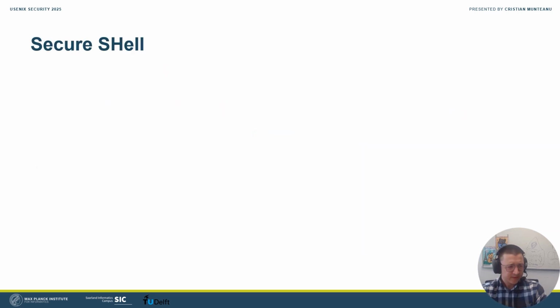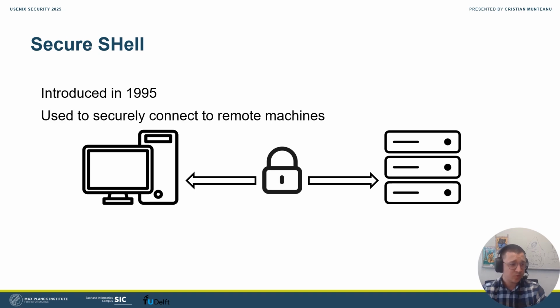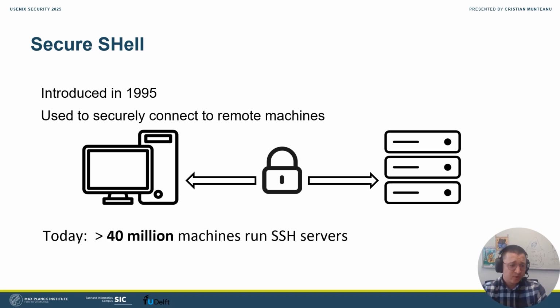Alright then, SSH or Secure Shell was first introduced in 1995 as a new protocol to replace telnet, and the main purpose was to provide a secure connection to a remote machine. Nowadays it has become really popular, and there are more than 40 million machines out there that run an SSH server.